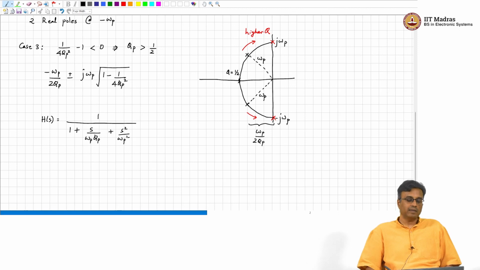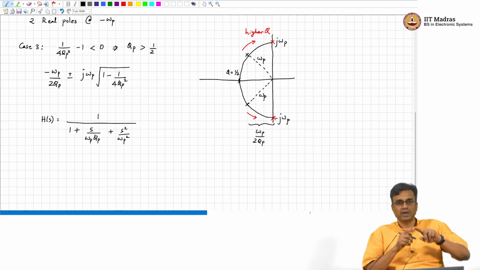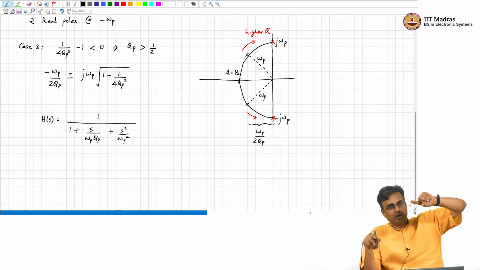We have three cases: Qp being less than half, where you have two real poles on the negative real axis; Qp being exactly equal to half, where you have two repeated poles at minus omega p; and Qp greater than half, where the poles are complex conjugate, and as Qp keeps increasing, these poles move closer and closer to the imaginary axis.